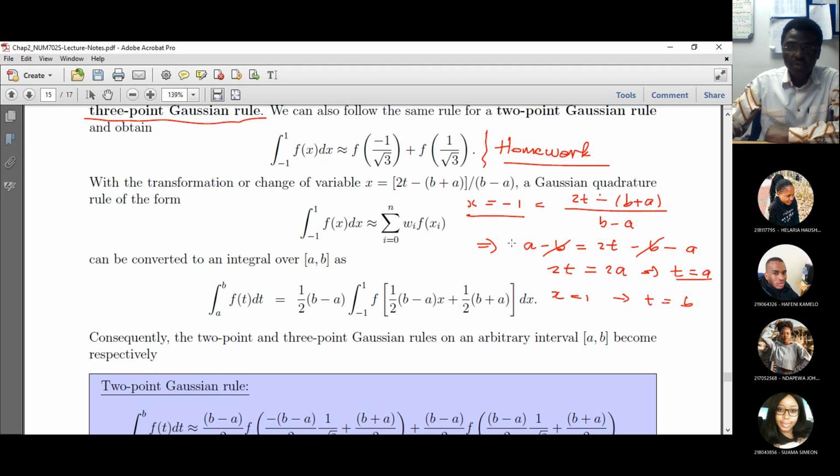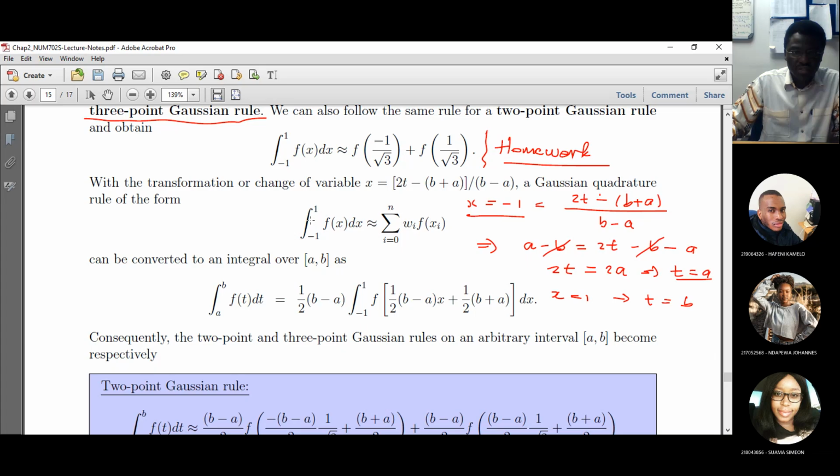You can do that. So you can see that this will map -1 to a and 1 to b. So with this change of variable, you'll be able to convert this integral from -1, 1 to a, b. So now for dx, you do the dx. If you take d of this one in terms of dt, you get this, right? If I rewrite this, x is equal to this.